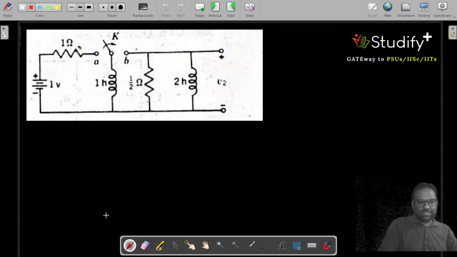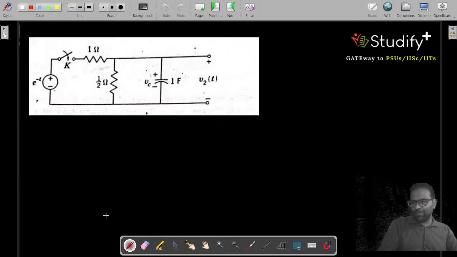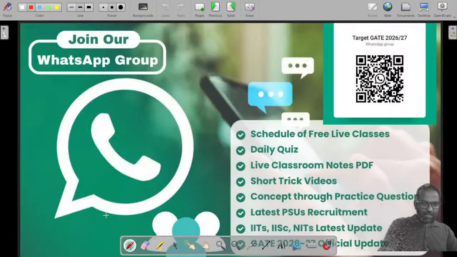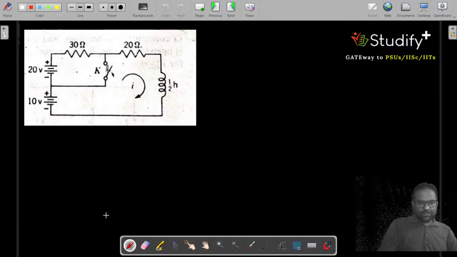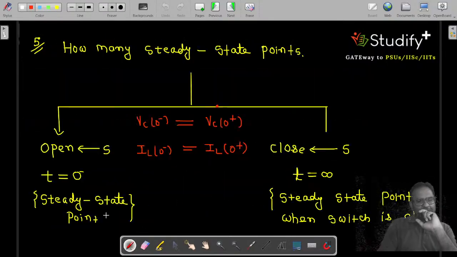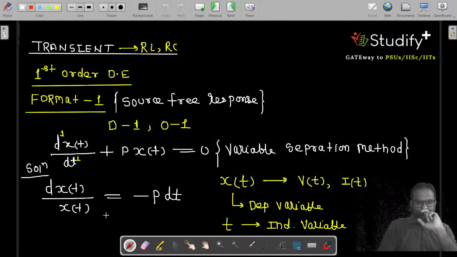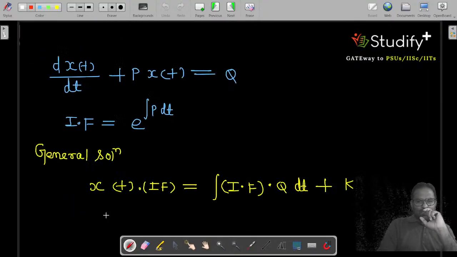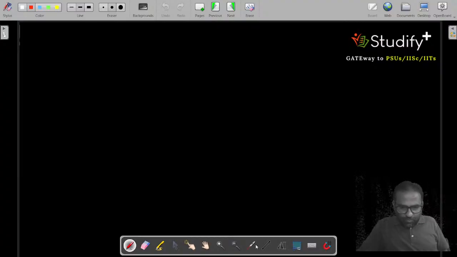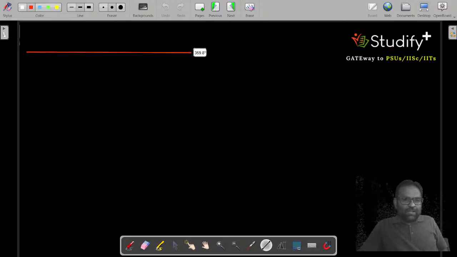So let's understand one more concept, that is time constant. The concept of time constant is very important, and we will use it. First I will define what is time constant, and after that we will analyze our same circuit.